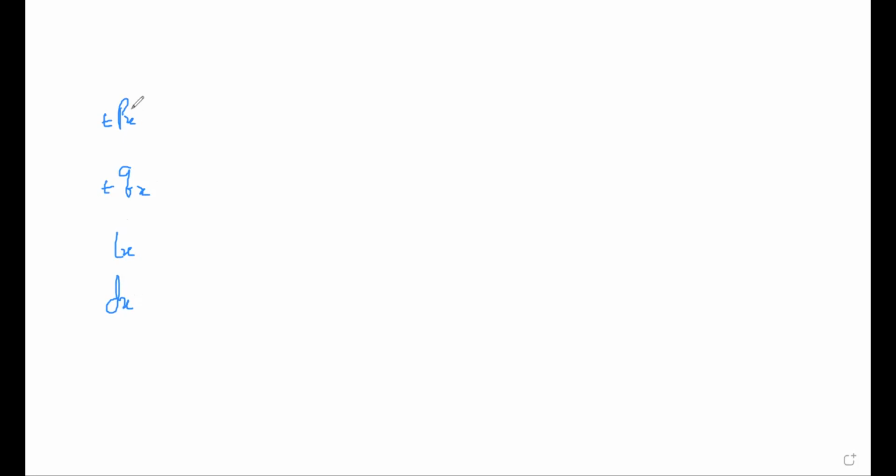So tPx here is an actuarial notation which represents the probability that a person age X will survive T more years. It's a probability.